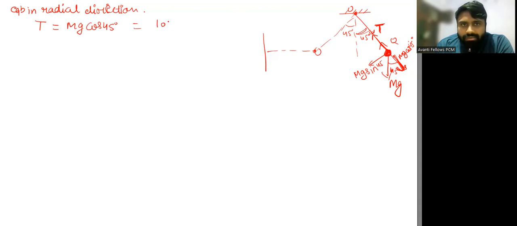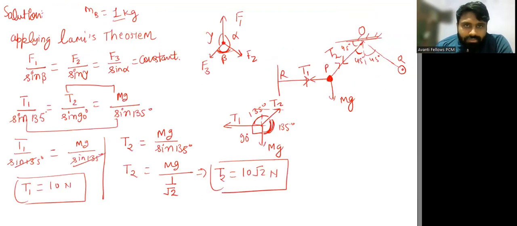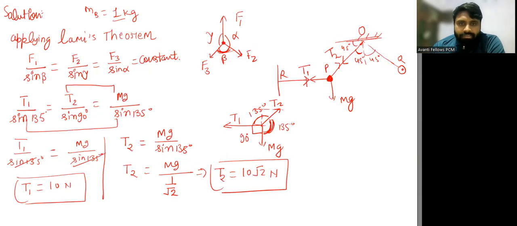Mg is 10, so 10 into 1 by root 2 will become 10 by root 2. So this is the tension in this string after the string has been cut, and this T2 is the tension when it has not been cut. So it is 10 root 2 Newton and 10 by root 2 Newton respectively. Option A is the correct one.